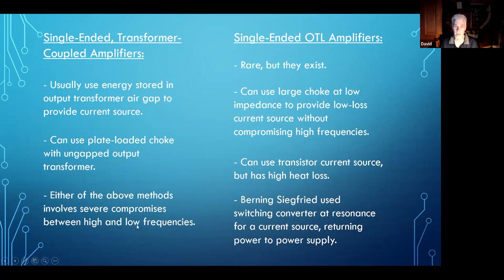In the case where you're loading a tube at high impedance, the parasitics in either the choke or the output transformer negatively affect the high frequency performance of the amplifier. But if you can use a choke at low impedance, like at the speaker impedance, the high frequency problems aren't there because the impedance is low enough that they don't come into play.